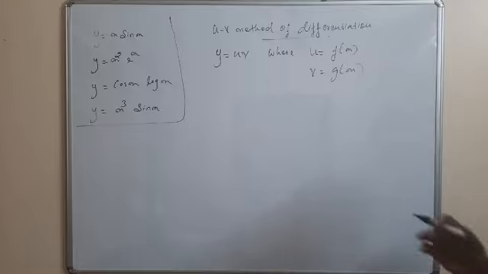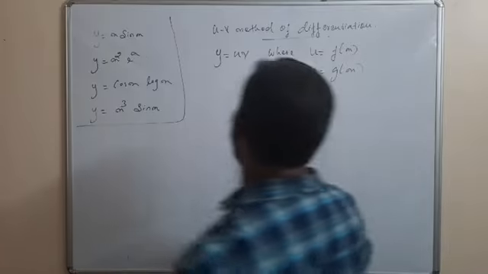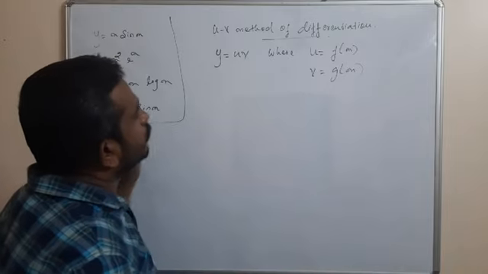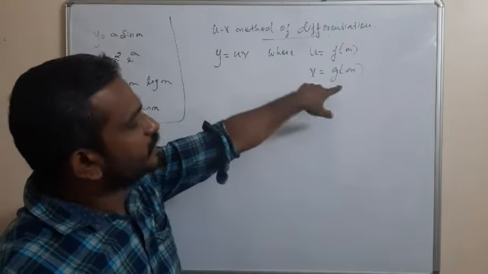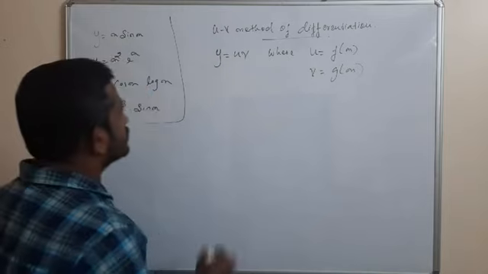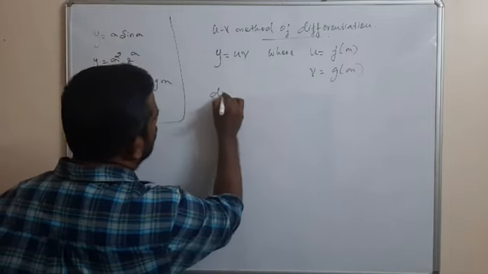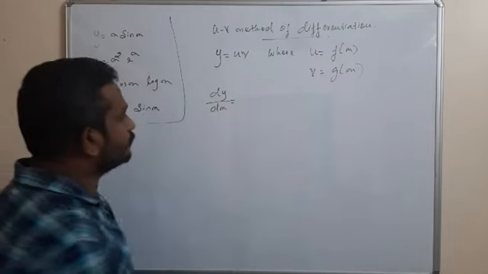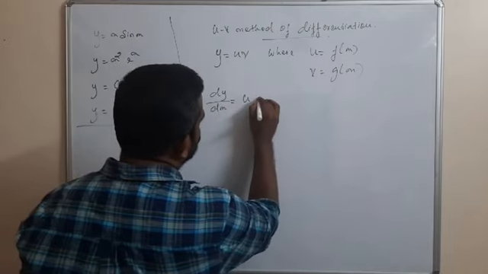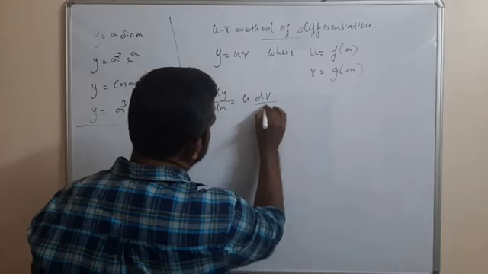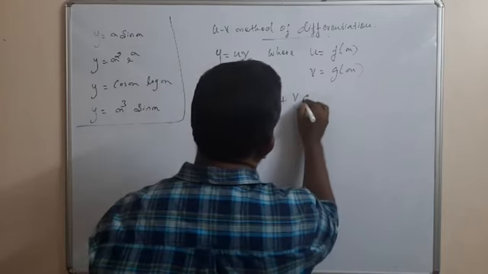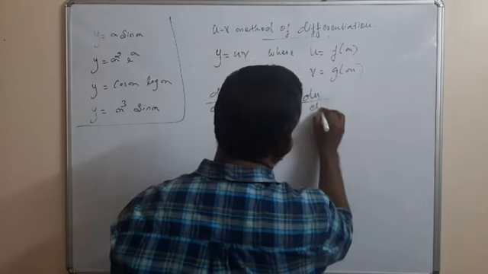Then how to differentiate? We have a formula. y is equal to uv, where u and v are two independent functions in x. So dy by dx equal to u into dv by dx plus v into du by dx.